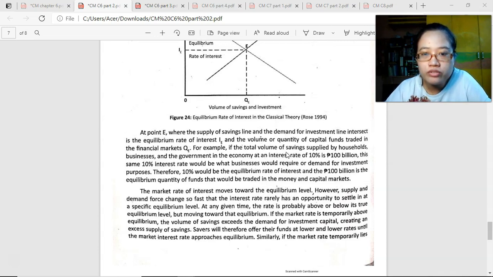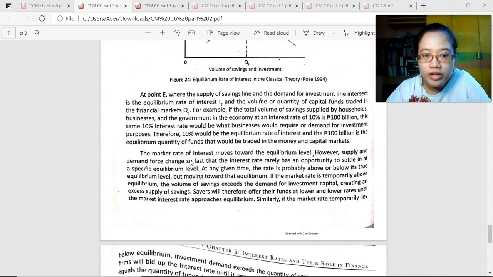For example, if the total volume of savings supplied by households, businesses, and government in the economy at an interest rate of 10% is 100 billion, this same 10% interest would be what businesses would require or demand for investment purposes. Therefore, 10% would be the equilibrium rate of interest, and the 100 billion is the equilibrium quantity of funds that would be traded in the money and capital markets.